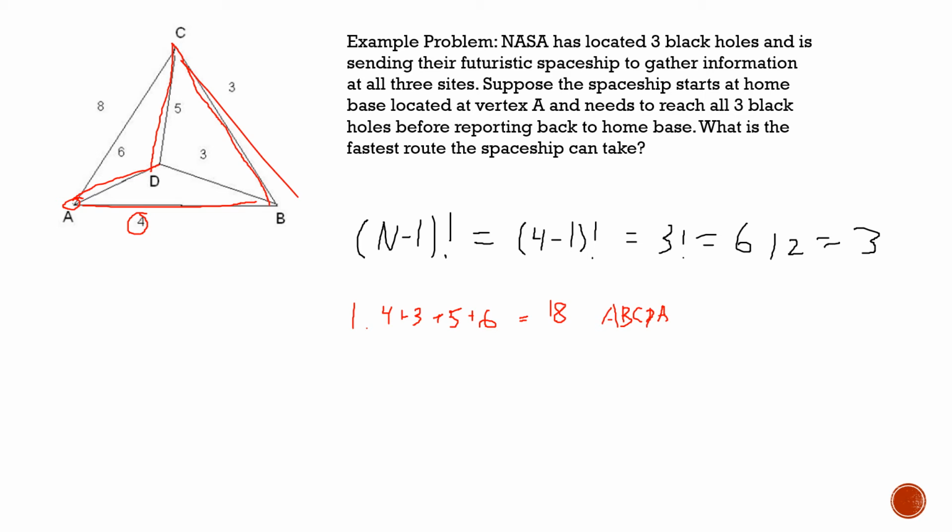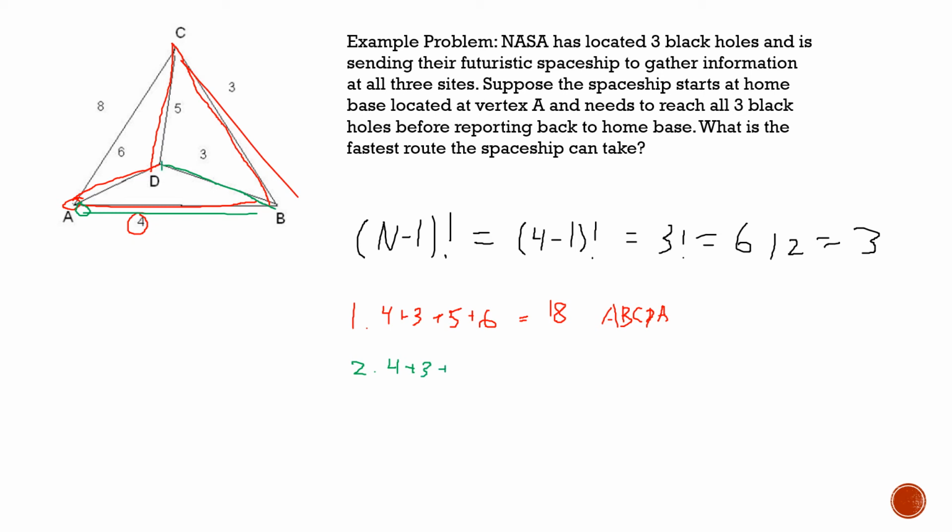Note that if we went in reverse from A to D to C to B and back to A, that would give the same weight, and therefore it's not unique. Now let's find the other 2 circuits. So let's start from A, and we'll go to B. That will be plus 4. And from B, let's go to D, and that gives us plus 3.